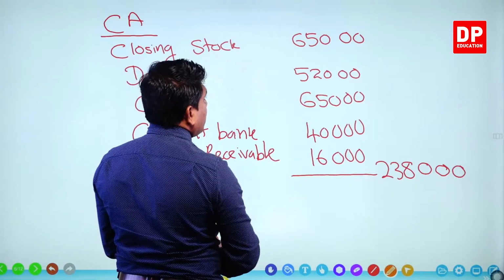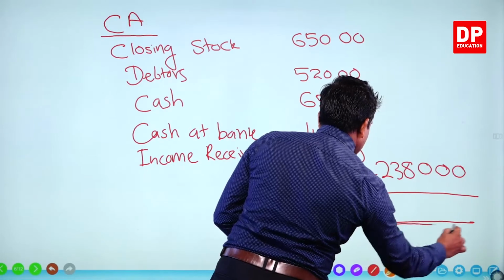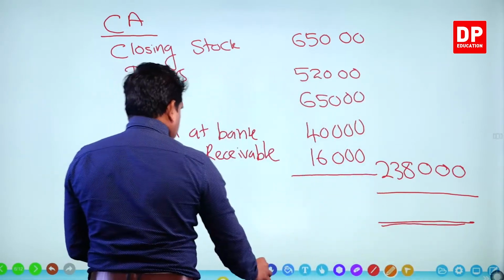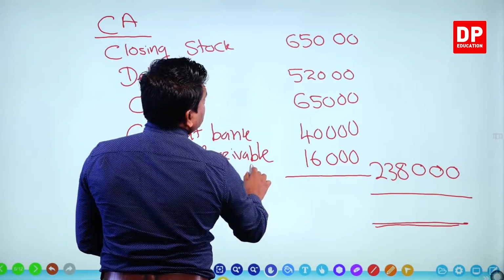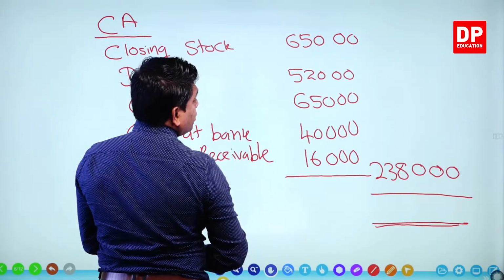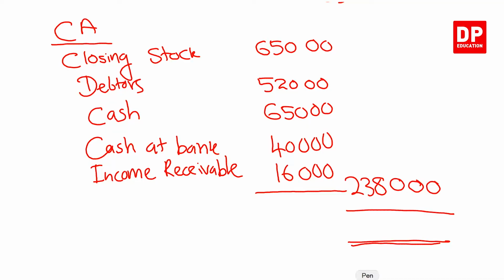Above you can see total non-current assets. Then asset side finish. Then you can get the total of above 550,000 here. 238,000. Right? Here 8,000.